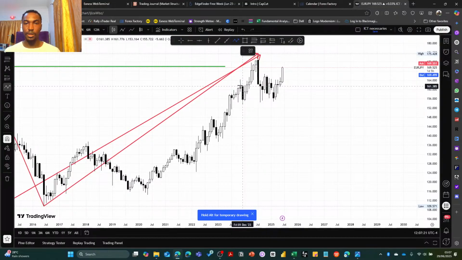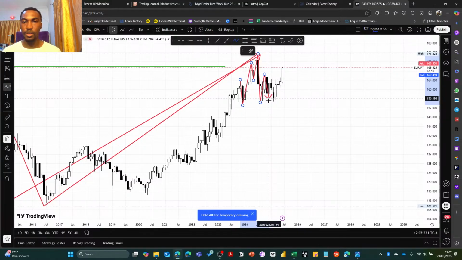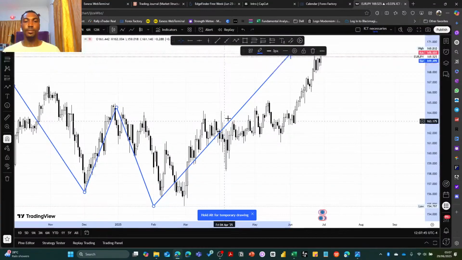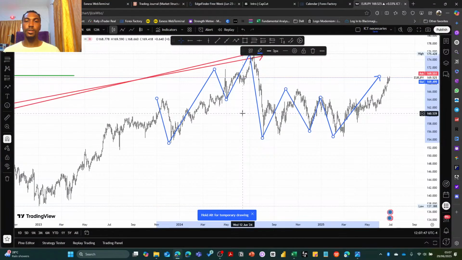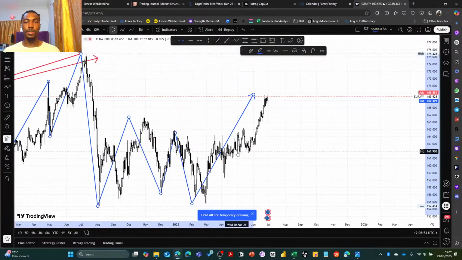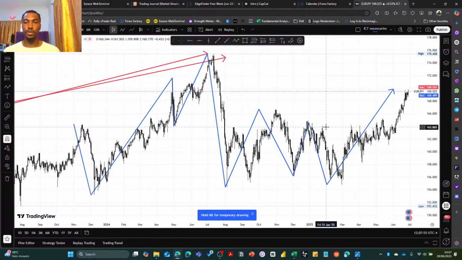Simply start connecting obvious locations where candles did certain moves. And I think I'll make this bullish. Yeah, this is bullish. So if I dive into the daily, do you see the miracles I just performed? I just performed the miracle of seeing structure on those time frames pretty fast.